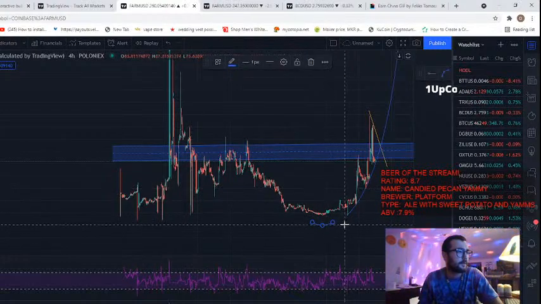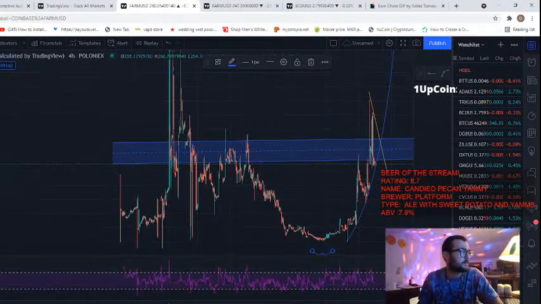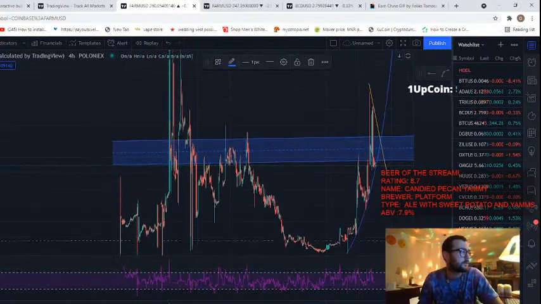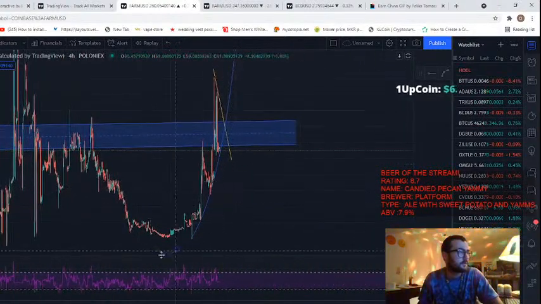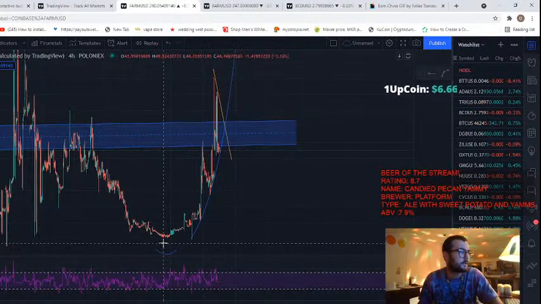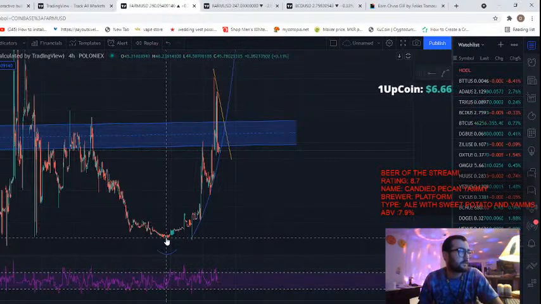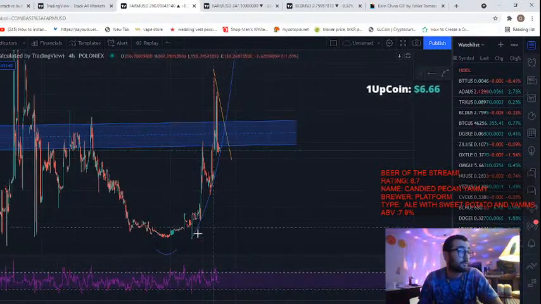Definitely a bottom right there. Zoom out. Okay, we'll do that. That's a bottom, that's a low. That's the lowest low right there. Well, that's a lowest low, but that's a higher low than before, which is really bullish.